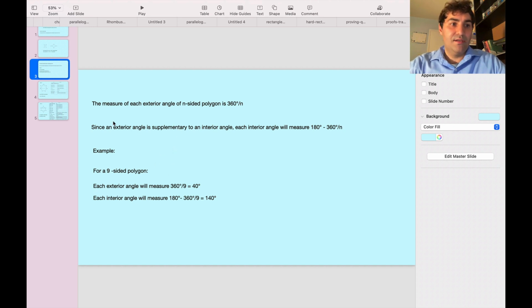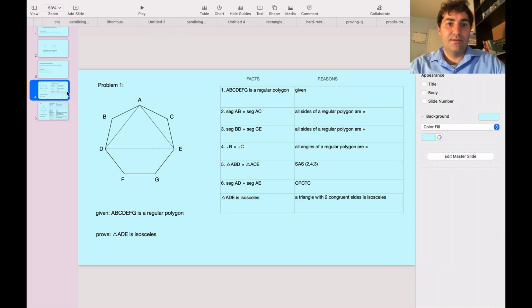I just want to do some problems right now, so let's go ahead with this problem. ABCDEFG is a regular polygon that has 7 sides, and we're going to prove that triangle ADE is isosceles. So I write down what I know. I know that ABCDEFG is a regular polygon. That's a given.